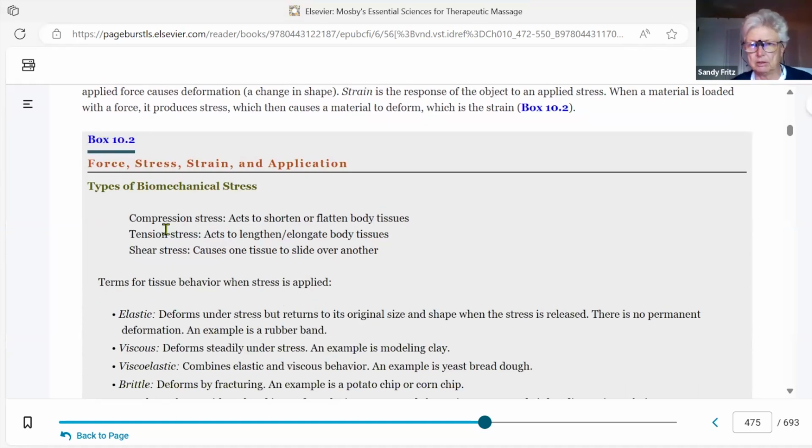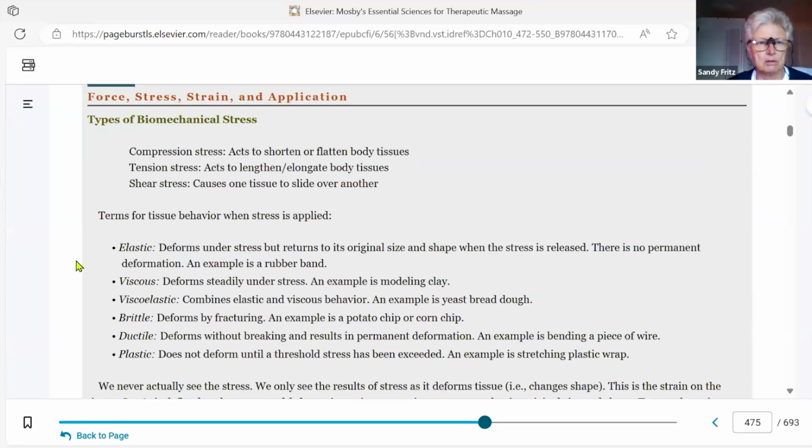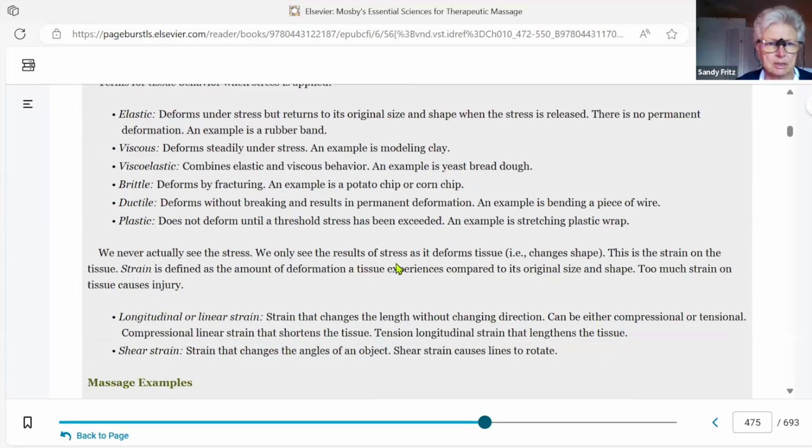So repetition in a little bit different context here. We also have the terms here about what happens to tissue when it is stressed. So it's loaded and then the deformation happens. That's the stress. So elastic, viscous, viscoelastic, brittle, and that gives you examples here, ductile and plastic.